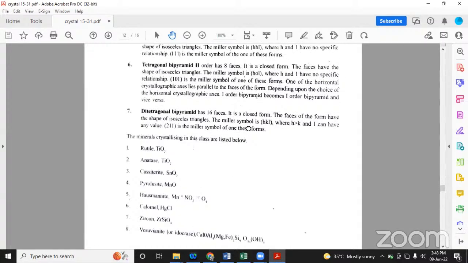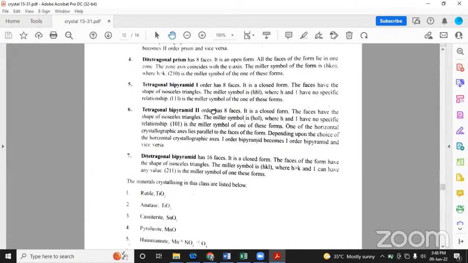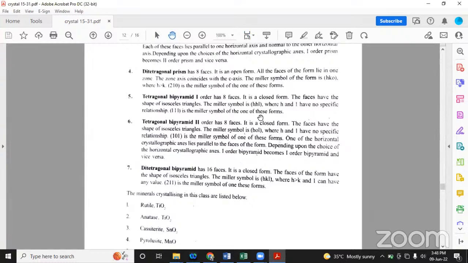In the tetragonal bipyramid class, there is one horizontal plane of symmetry. There is another one axis of fourfold symmetry, vertical. And a center of symmetry is present.